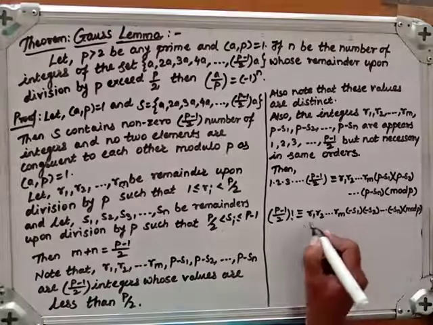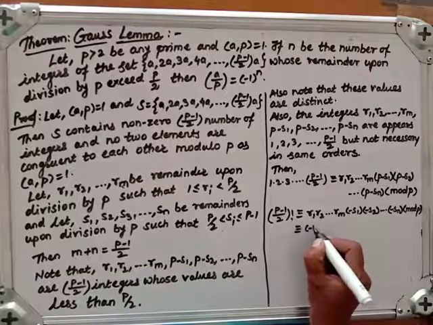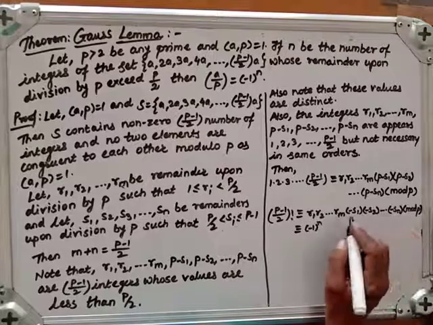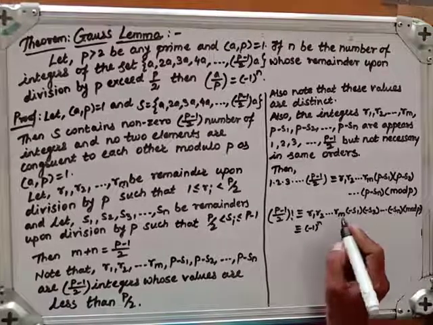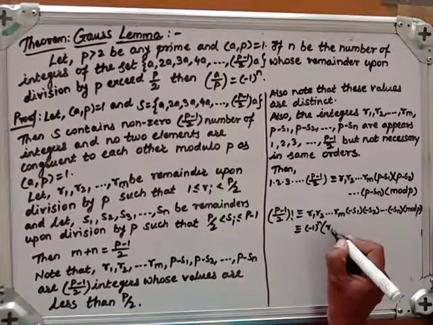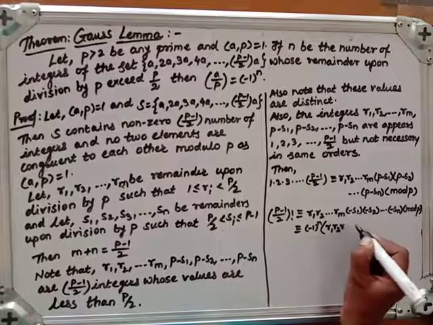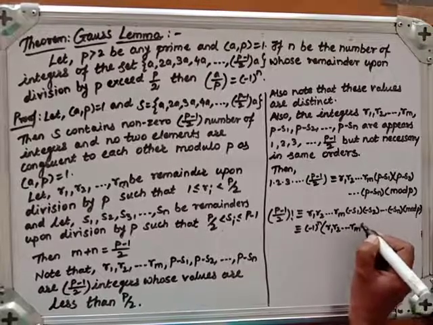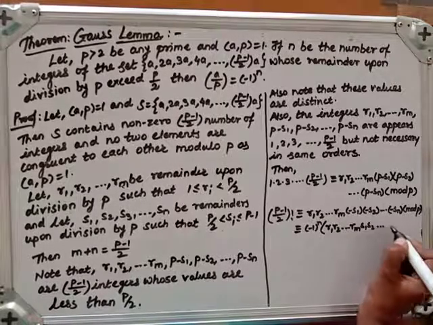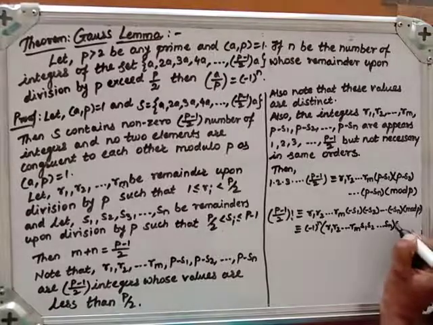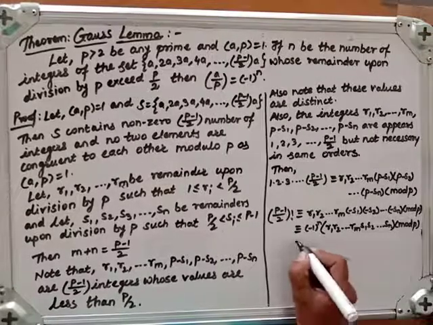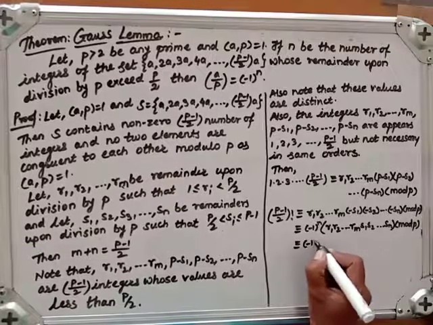So this is equivalent to (−1)^n, these are n in number, minus signs, into r1·r2···rm·s1·s2···sn modulo p.